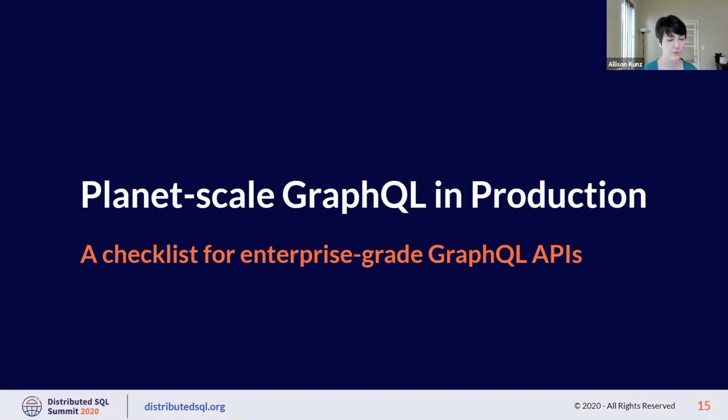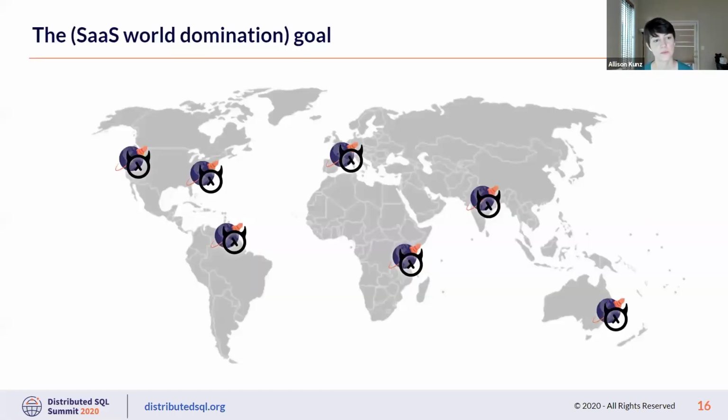So let's talk about what that looks like. How do you have this kind of large scale GraphQL API that everyone can use? So this is the goal, right?